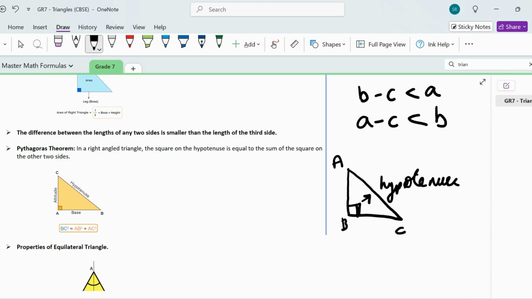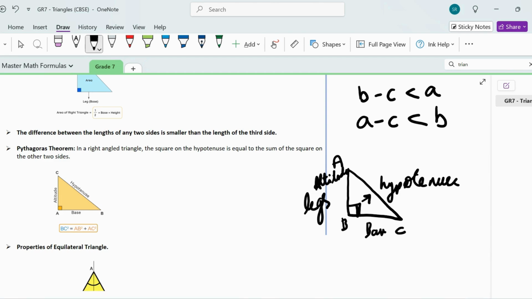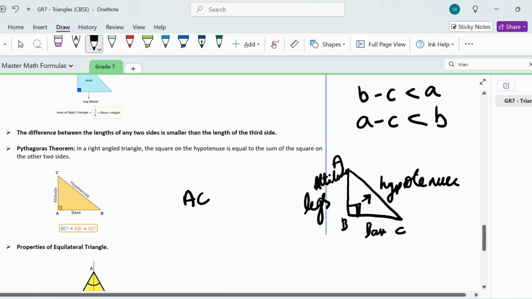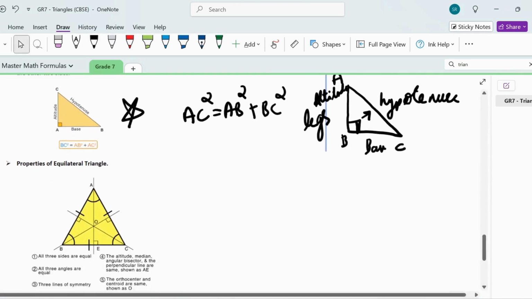And the other two sides are called the legs, or this is the altitude because it makes 90 degrees, and this is the base of the triangle. The square on the hypotenuse is equal to the sum of the squares on the other two sides. Please note, this is a very, very important theorem in triangles.